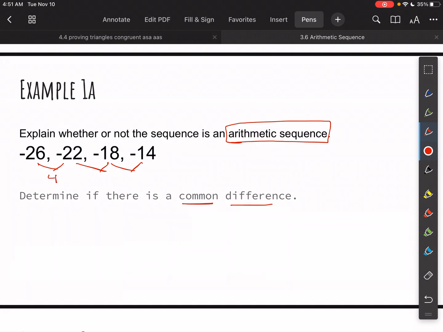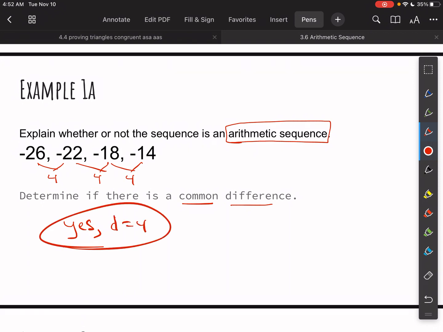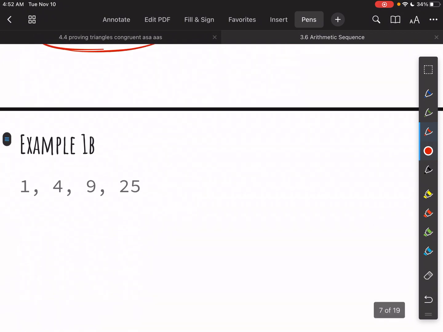Negative 18 and negative 22 is 4. Negative 14 and negative 18 is 4. So the common difference here is 4. Okay, so you would say, yes, this is arithmetic. And you could say d is equal to 4. The common difference is equal to 4. All right, that's all they'll want for example A.